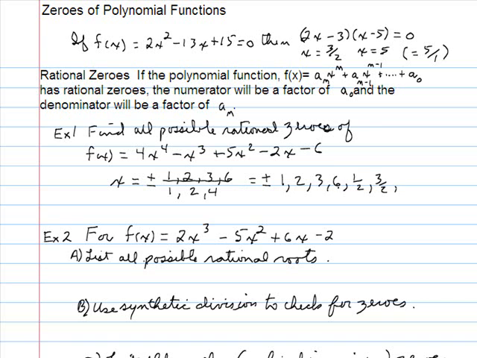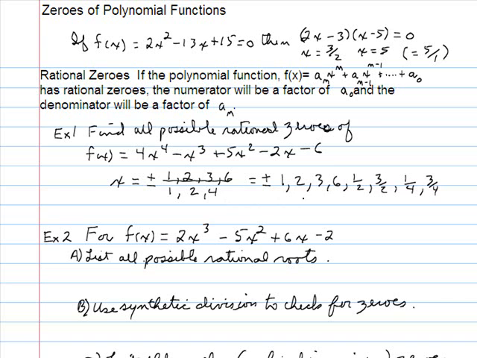And 6 over 2 is 3. I already had that, so I'm not going to add it. Then I'd go to my last denominator. 1 over 4 would be new. 2 over 4 is a half. I already had that, so I'm not going to add that to the list. 3 over 4 would be new. 6 over 4 is 3 over 2. I had that one here.